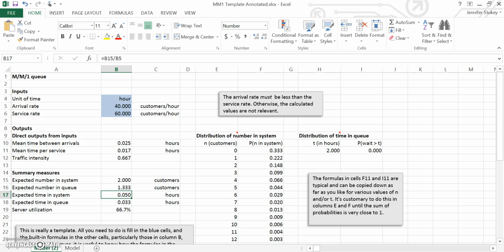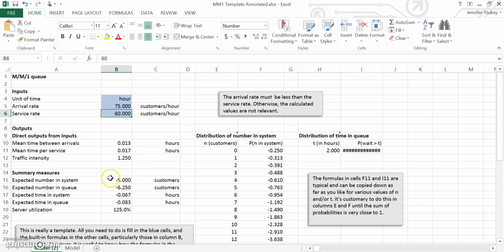The other thing is to make sure that the assumption is met that the arrival rate and the service rate aren't changing during the time frame you're using this template, and that the arrival rate has to be less than the service rate. Actually, let's look at what happens when I make the arrival rate more than the service rate. It can't handle that. This template will not work.